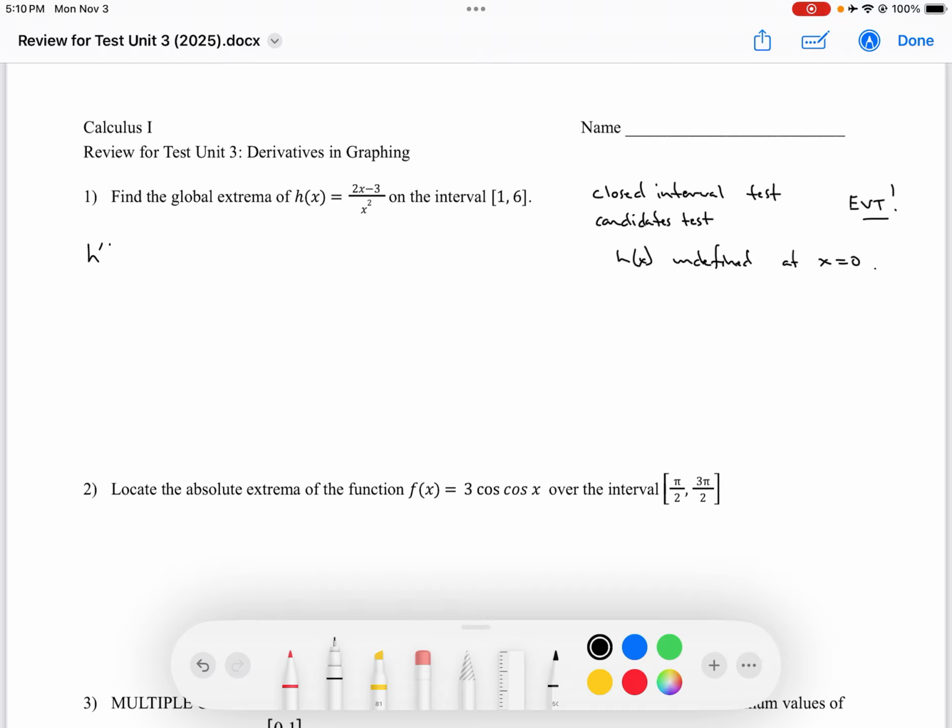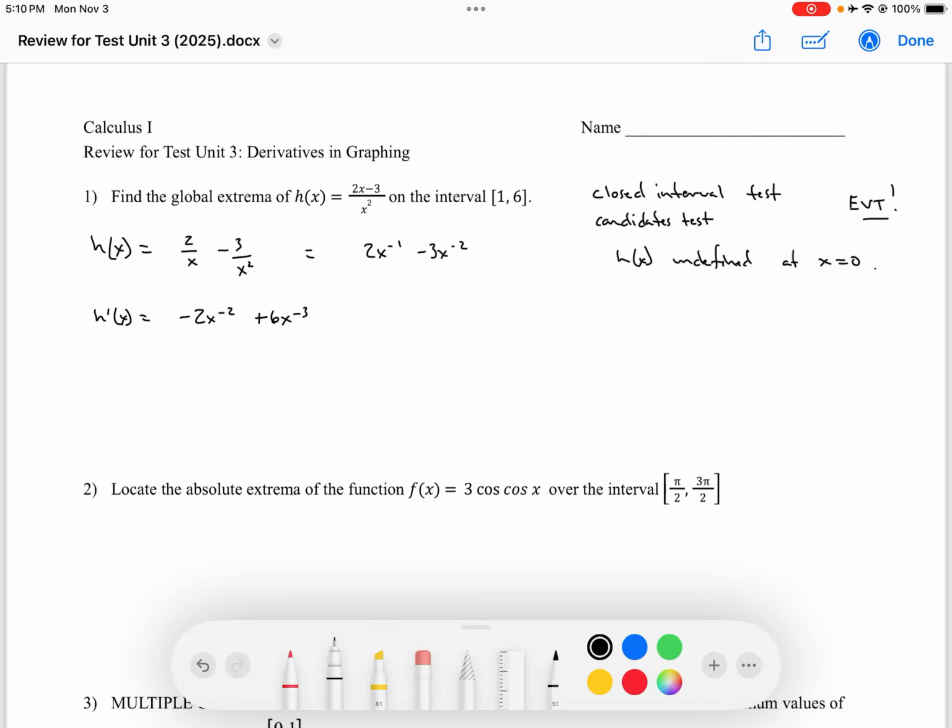So h prime of x, you know what, I think I'm going to simplify h first and say that h is just 2 over x minus 3 over x squared, which is 2x to the negative 1 minus 3x to the negative 2. So h prime of x would then be negative 2x to the negative 2 plus 6x to the negative 3.